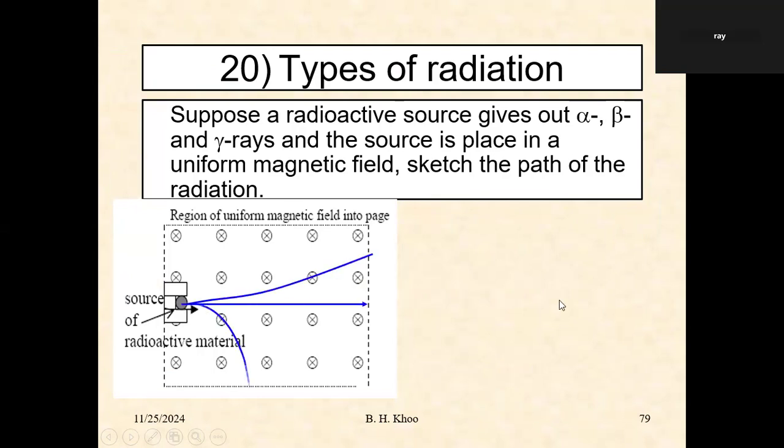Which one is alpha, which one is beta, which one is gamma? The top line is alpha, the center line is gamma.